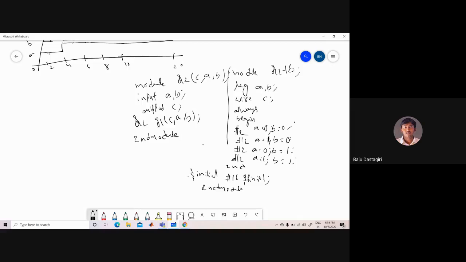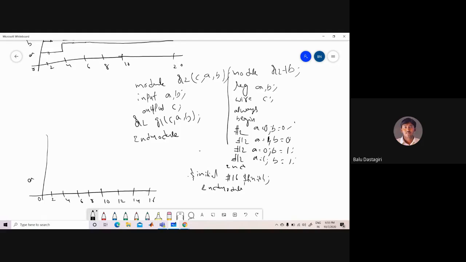Now let us see how the waveforms will look. So 0, 2, 4, 6, 8, 10. These are the time units which I am plotting here up to 16. Initially at 0, at 2 time units, I have assigned the value directly.